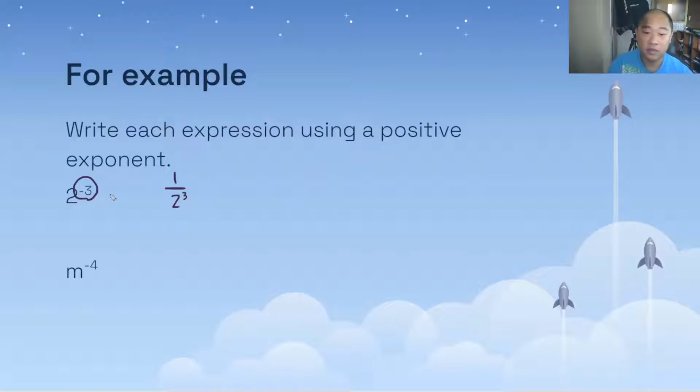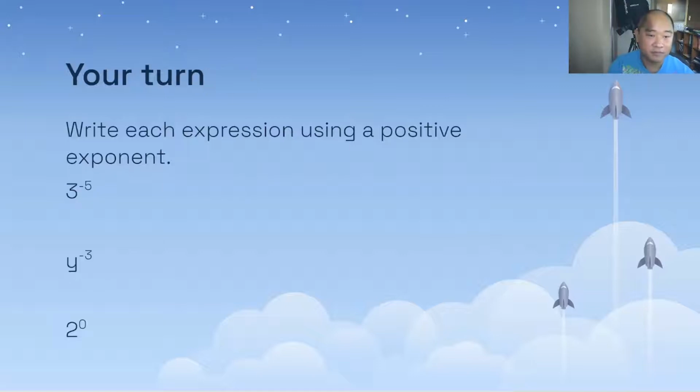And so you can say it either way, 2 to the negative 3 or 1 over 2 to the third, because here we're dividing and here we're also dividing. So let's do that again, but now with this expression with the variable. So here, m to the negative fourth, we can say 1 over m to the fourth. Okay? All right.